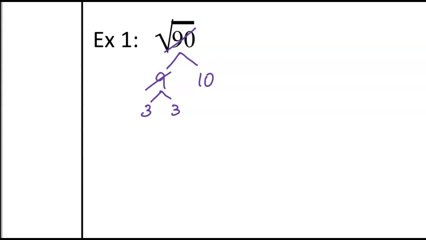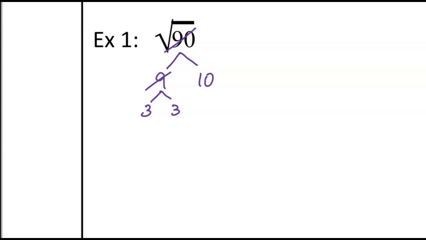Can 3 be factored? It can technically into 1 and 3, but this is kind of just repeating another step. 3 is a prime number. We leave it. As soon as we're ending a branch on a prime number, we're done with that branch.